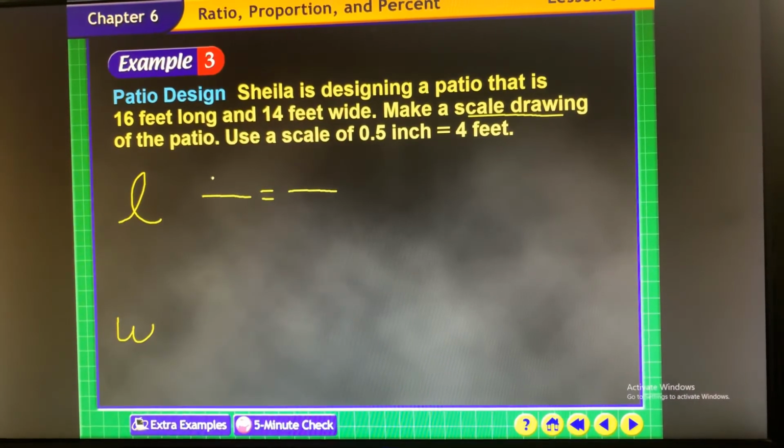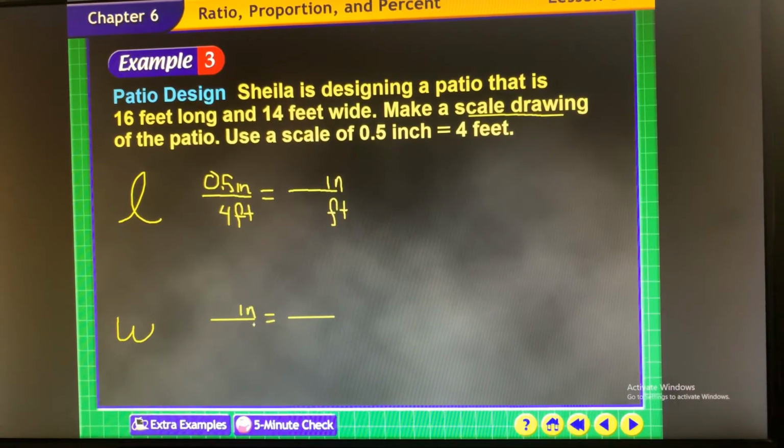So I'm going to take my scale first, 1/2 inch over 4 feet. And then I'm going to go over here and write inches over feet. And then I'm going to do it again for my width. I have inches over feet, inches over feet, 1/2 inch for every 4 feet.